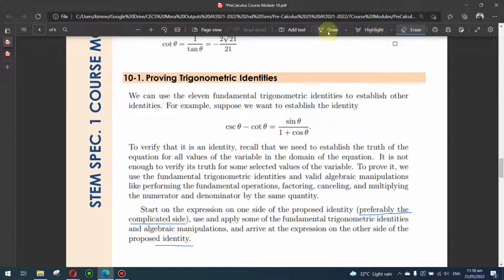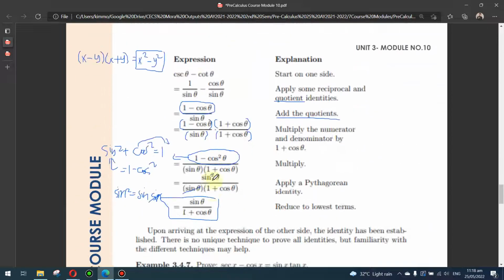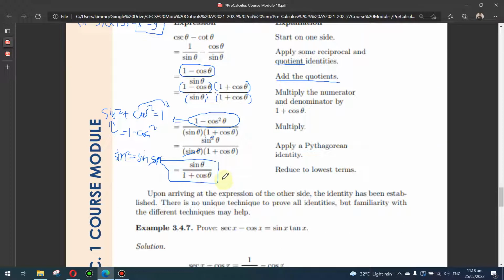So, did you understand? Our goal here in manipulating is to arrive at this form. So, that's why we arrived at this form. Upon arriving at the expression of the other side, the identity has been established.